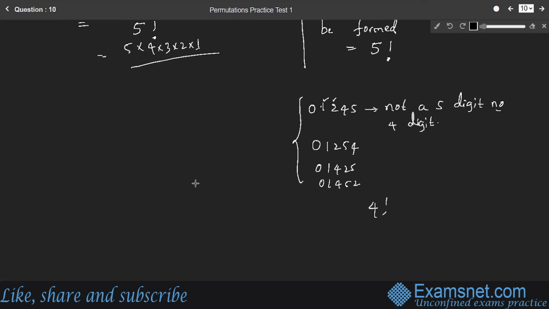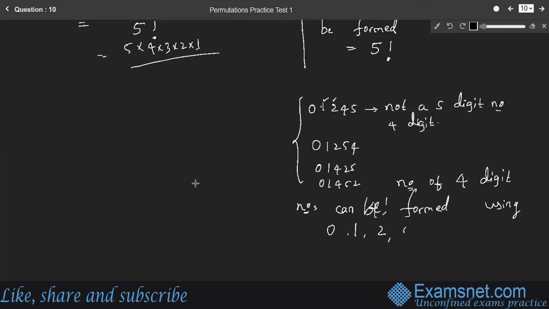Therefore, the number of 4-digit numbers that can be formed using 0, 1, 2, 5, 4.